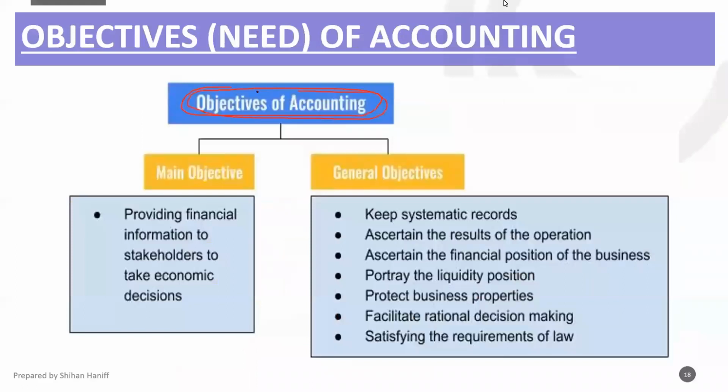What is the objective of accounting? The main objective, which was given in the definition itself, is providing financial information to stakeholders to take economic decisions. Other than that, there are some general objectives as well: keeping a systematic record, calculating the profit, which is the results of the operation, and showing the financial position.